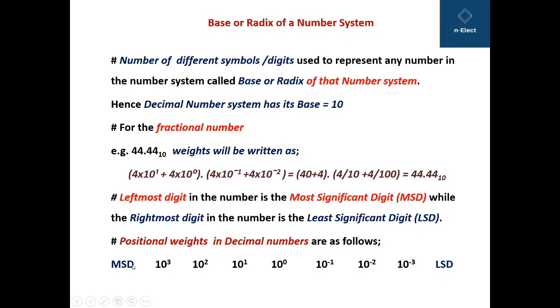And on the right hand side of the decimal point, 10 raised to power minus 1, 10 raised to power minus 2, 10 raised to power minus 3. So in this case, the rightmost digit is called the least significant digit because its place value is smallest, and the digit on the leftmost side is called MSD, that is most significant digit, because its place value or weight is highest.